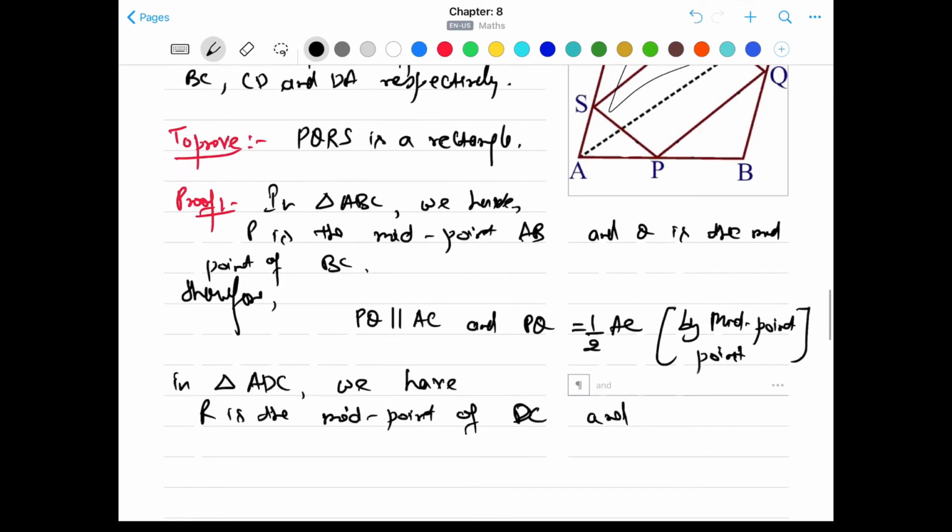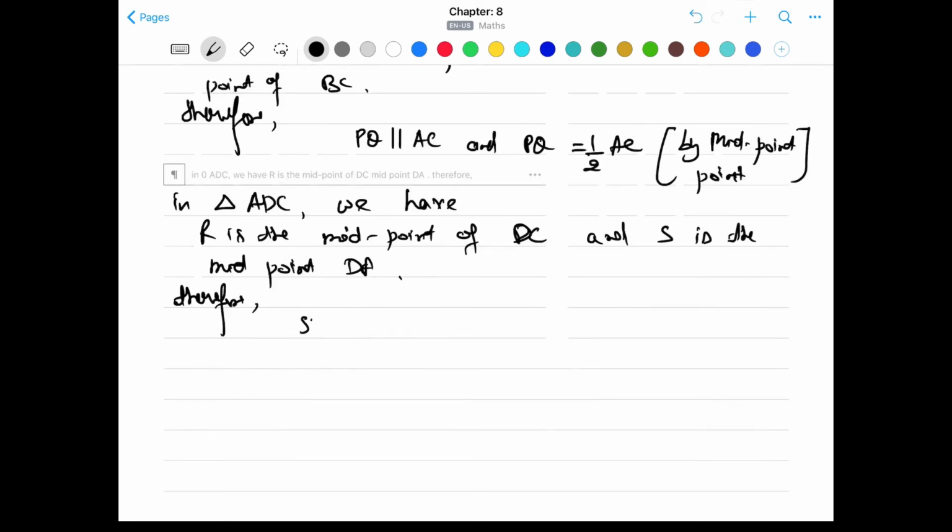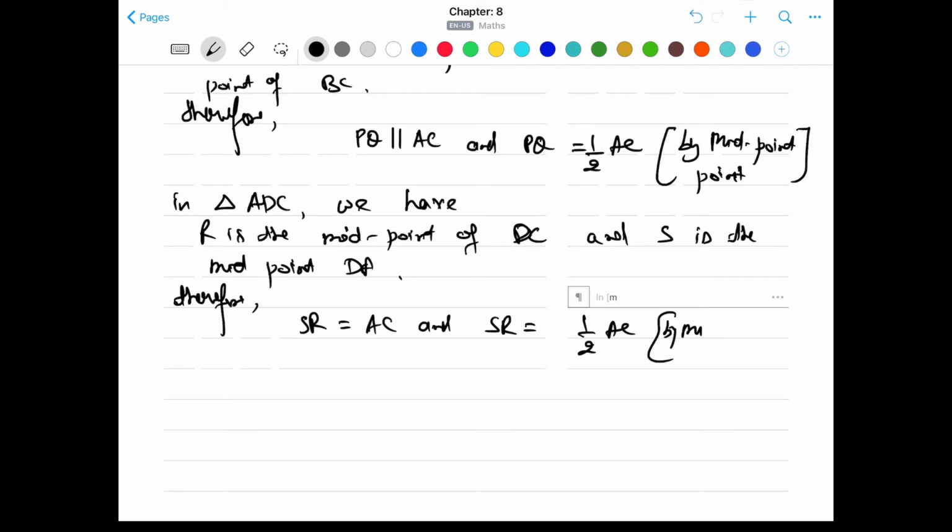Therefore SR is parallel to AC and SR is equal to half of AC. This again is by the midpoint theorem.